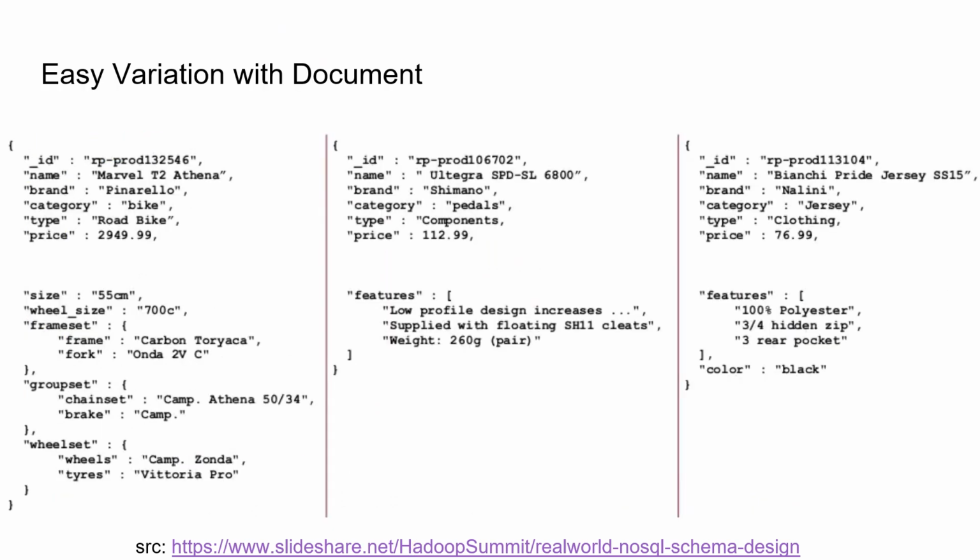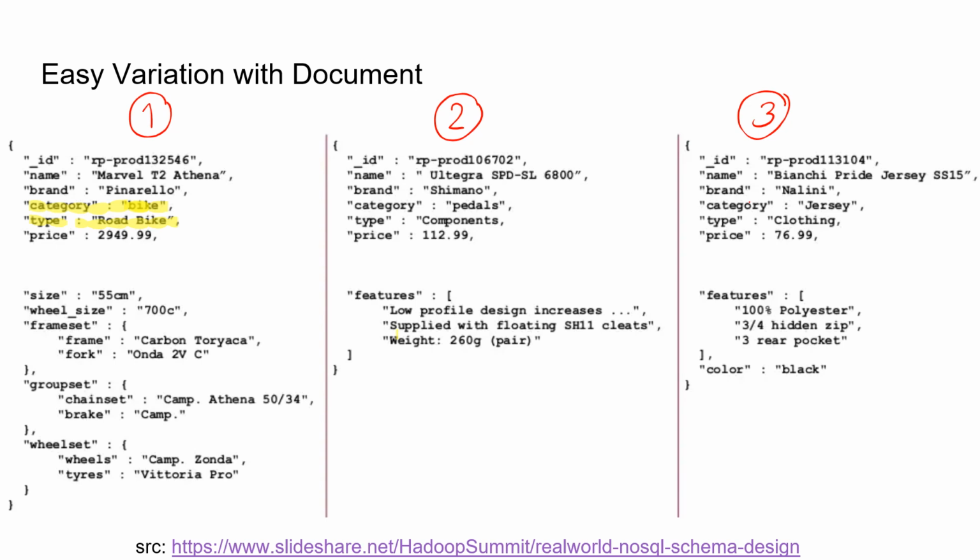Then we can see with these 3 examples that we can have very different structure, very different variation from one document to another. So here all the 3 documents, right? This document number 1 is used for describing a product, which is our bike. Type road bike, category bike.